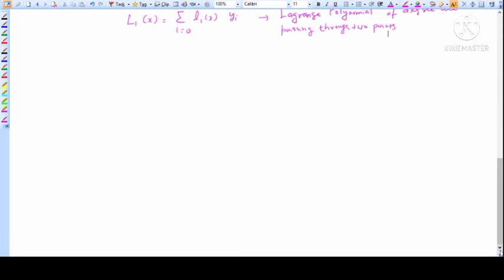So what about a Lagrange polynomial of degree 2 passing through 3 points? A polynomial of degree 2, passing through 3 points.